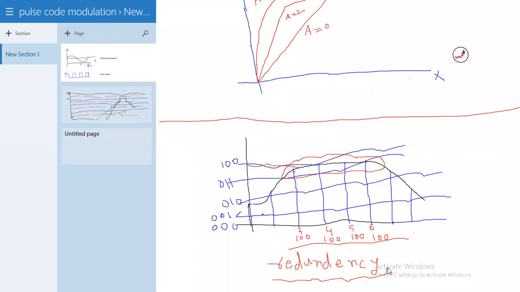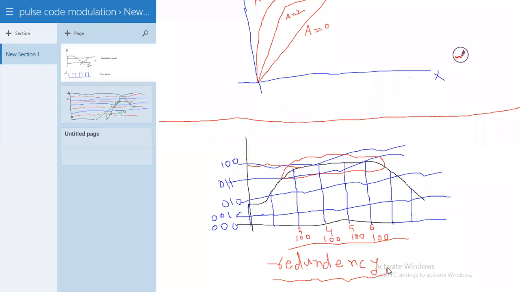Why? The number of times that signal is repeated, adjacent samples or adjacent symbols are the same symbols. What happens if they repeat? If the same symbol or same digital values are transmitted, the bandwidth is increased.